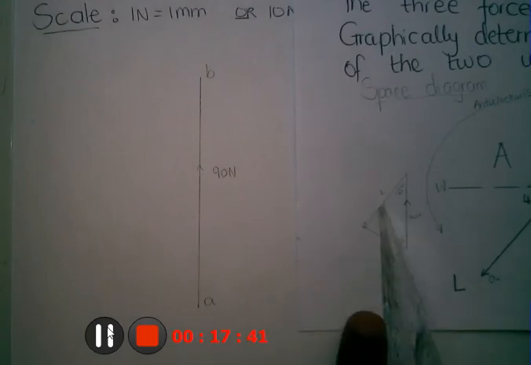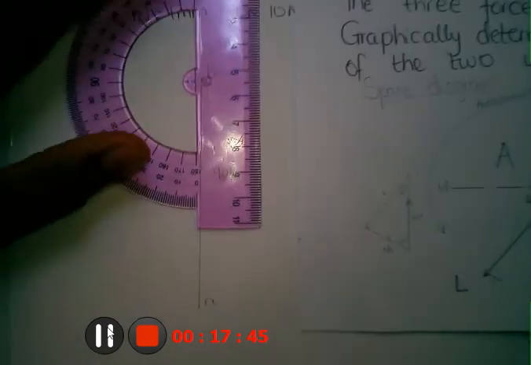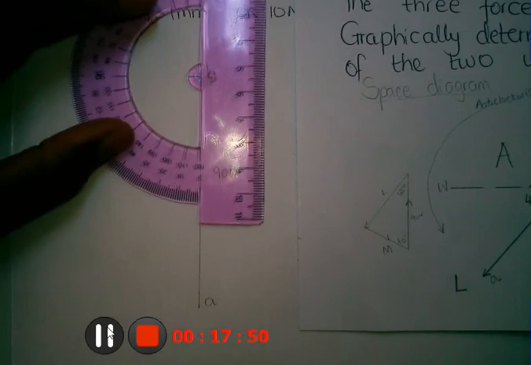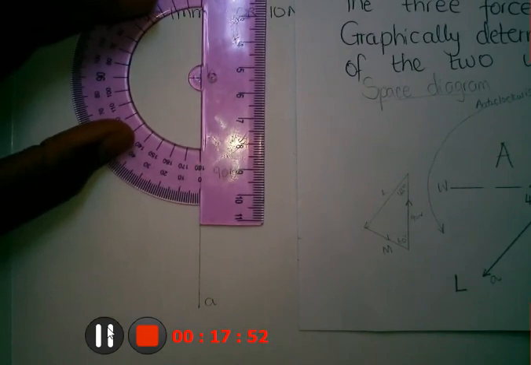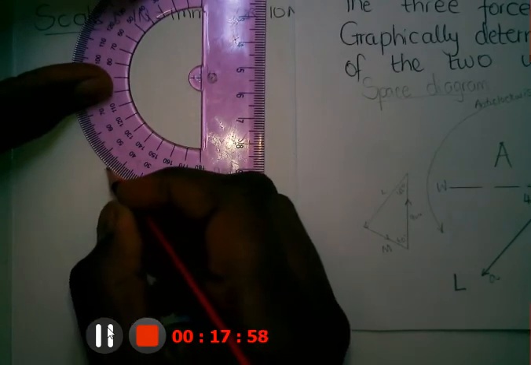You see, your angle of M is 60, your L is 45, so you are going to measure 45. Place your protractor there, and then you measure 45 degrees inside. 45 will be there.